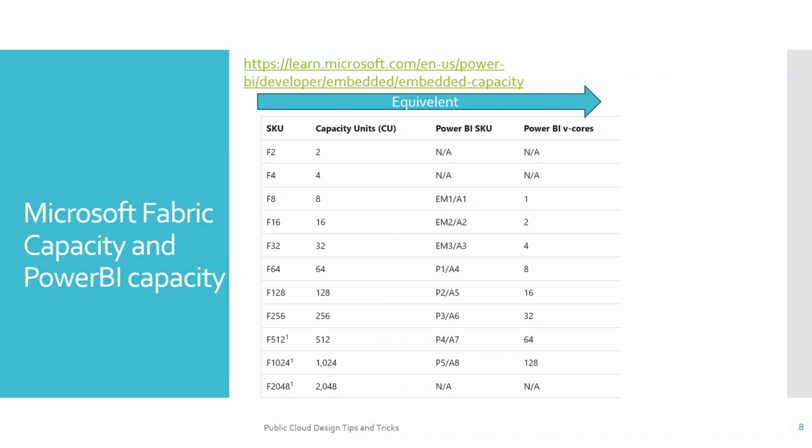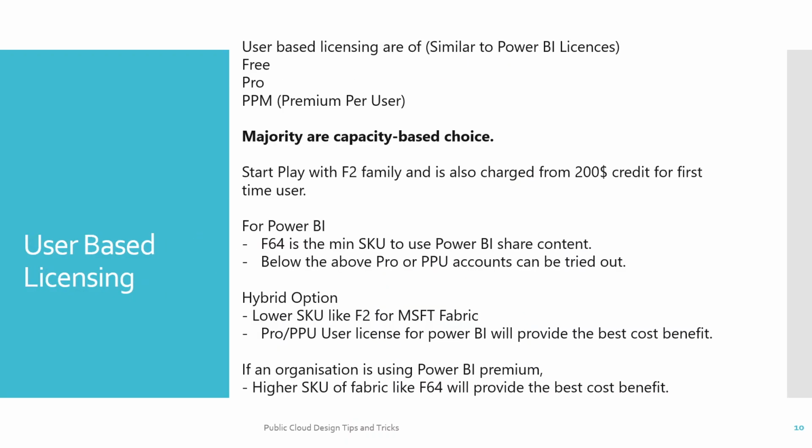So it's always a trade-off: what exactly your requirement is and how you are going to use Fabric along with Power BI, so you can get a cost benefit. These are the minimum things that come from a cost perspective on licensing for Microsoft Fabric along with Power BI under the same umbrella.